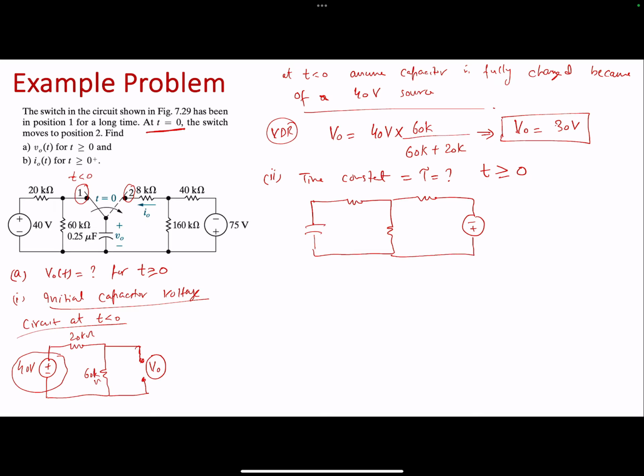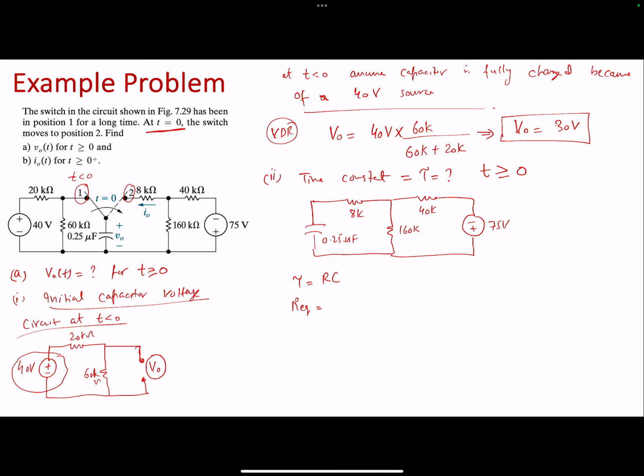So this is 475 volts, 40k, 160k, 8k, and 0.25 microfarads. I know that tau equals RC. I know the value of C, and I can easily find the equivalent resistance.